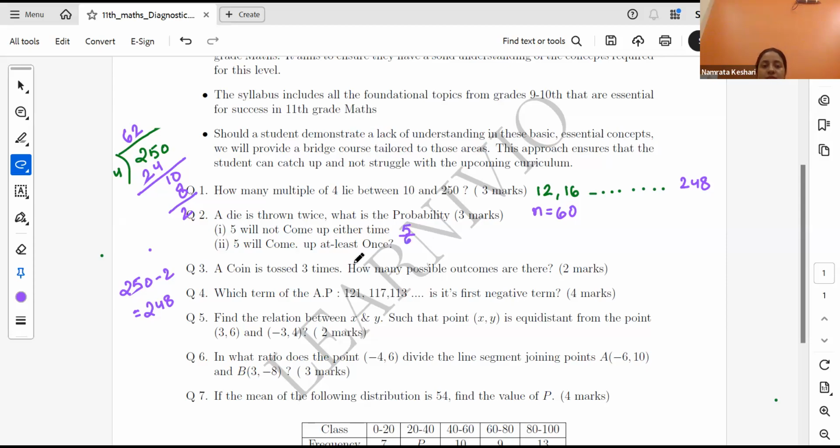And next one, 5 at least once. The denominator 6 you obtain from where? I did 30 by 36. Okay, 30 by 36, so I cancelled it.